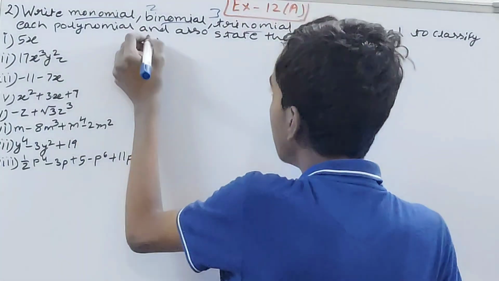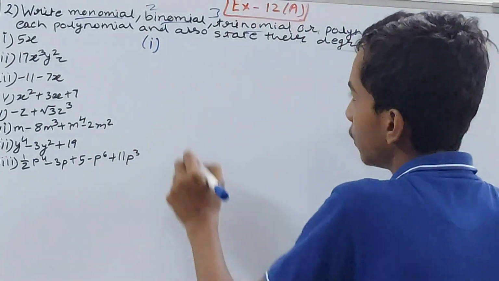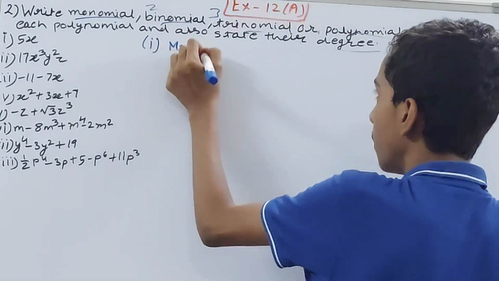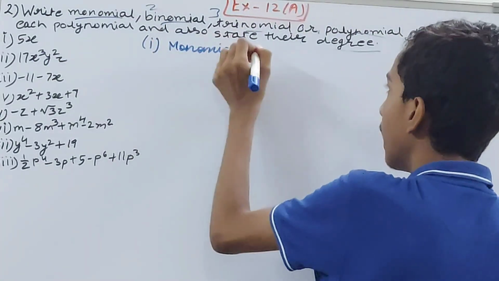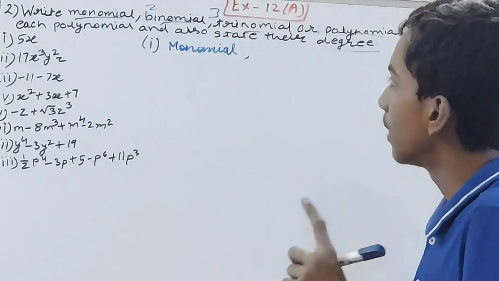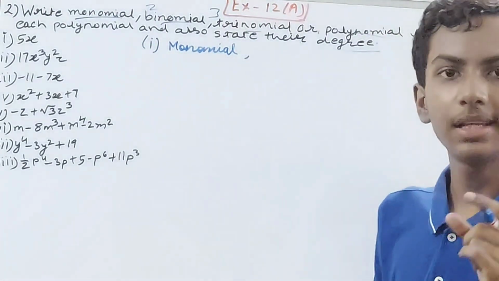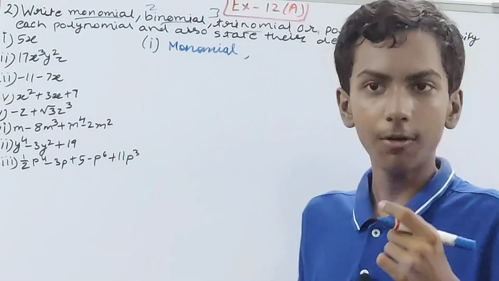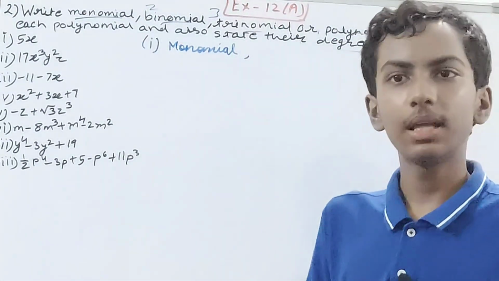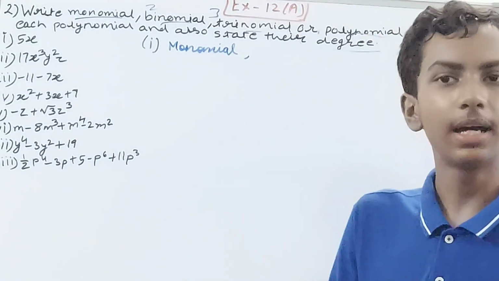See the first part, you have 5x. Only one term is there, that means this is a monomial. And degree you have to write. Remember, what is meant by degree? Degree is the highest power of the variable in an expression. If it is a monomial with only one variable, then it is the power of that variable.